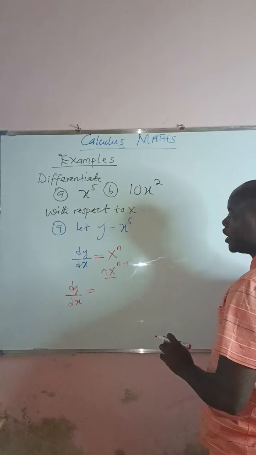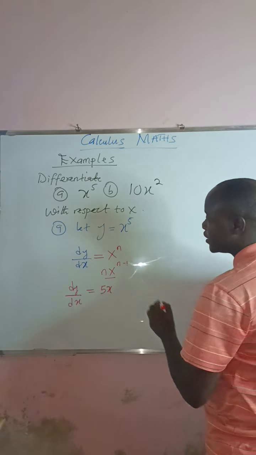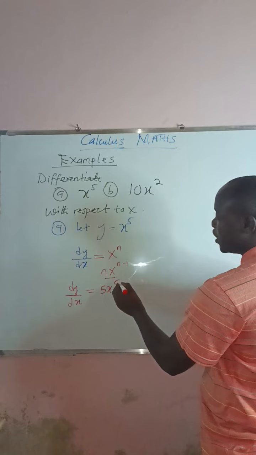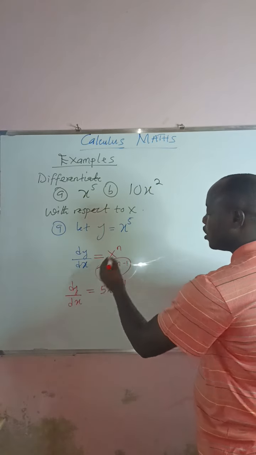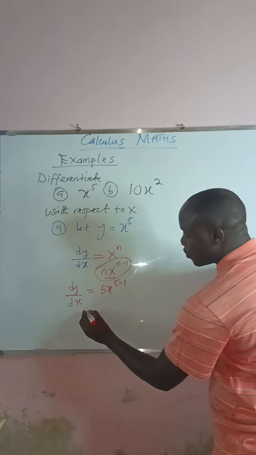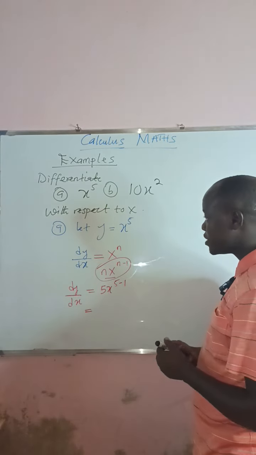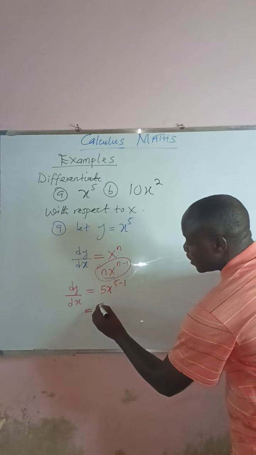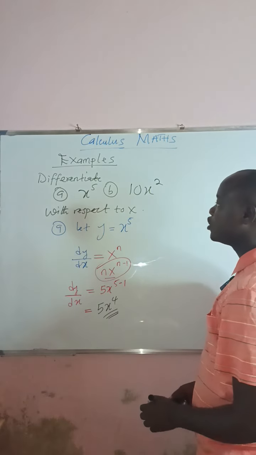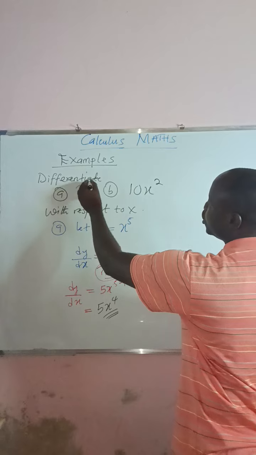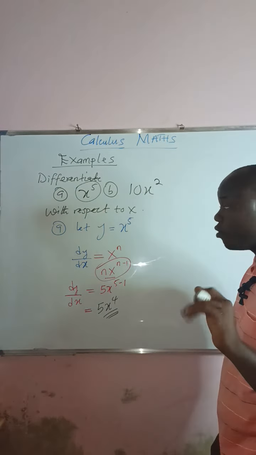By looking at this formula, the 5 will multiply the x, so we have 5x, and then we subtract 1 from the power. This gives us 5x raised to the power of 4. Therefore the differentiation of x raised to the power of 5 is 5x raised to the power of 4.